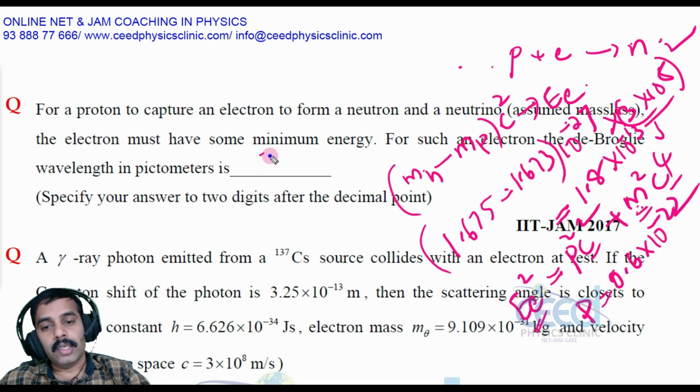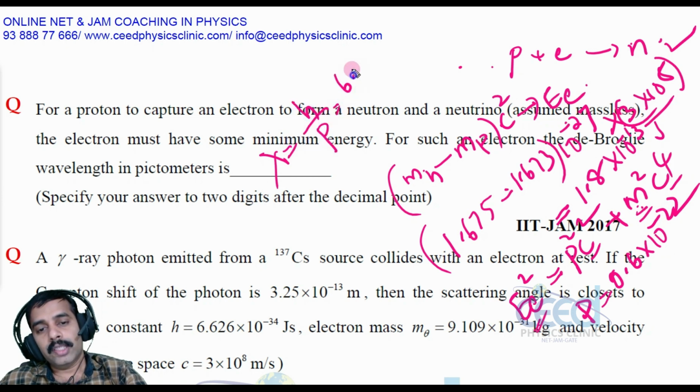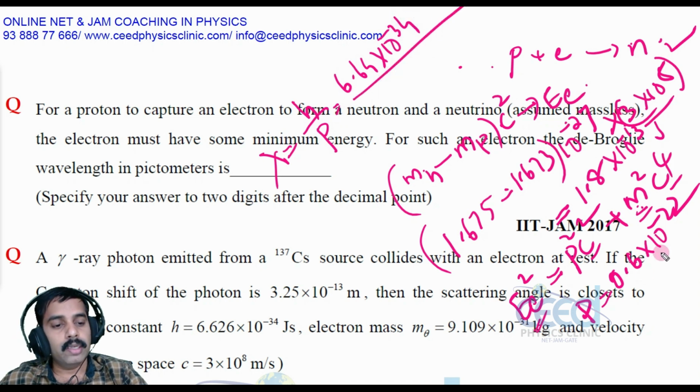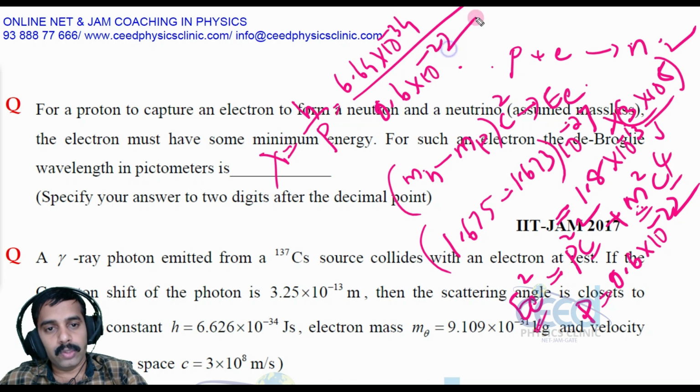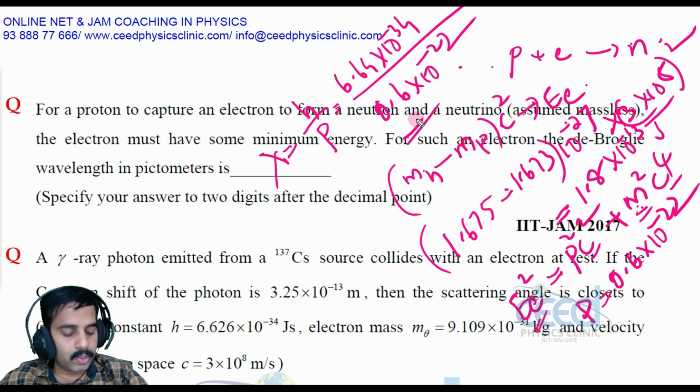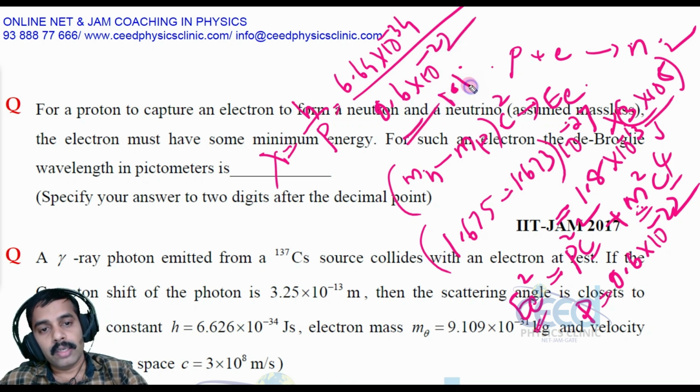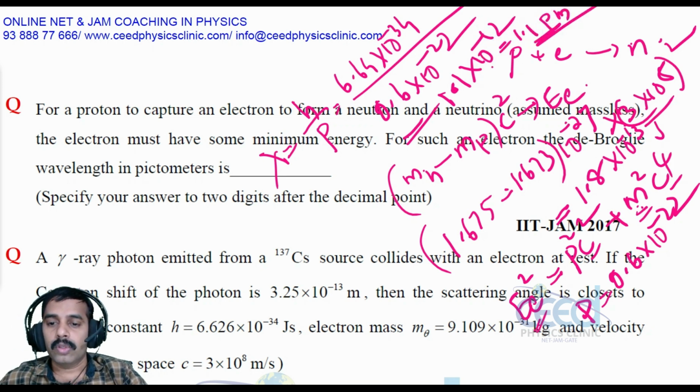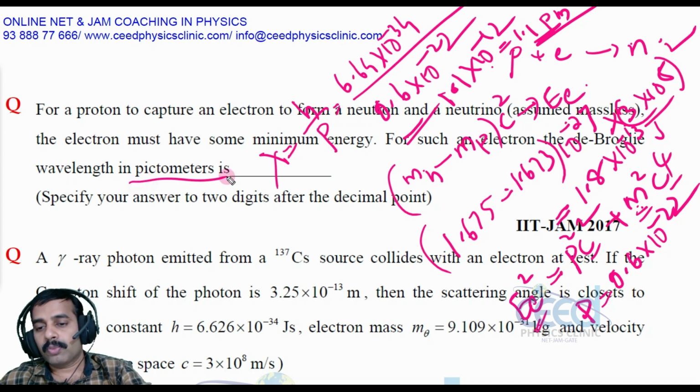Now we need to find lambda. Lambda is equal to h by p, that is 6.64 into 10 raised to minus 34 divided by 0.6 into 10 raised to minus 22. When you solve that, you will get 1.1 into 10 raised to minus 12, that is 1.1 picometer. So the answer, expressed in picometers, is 1.1.